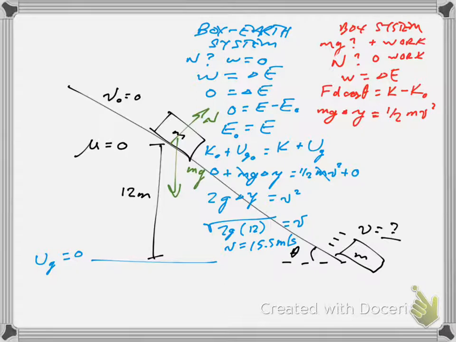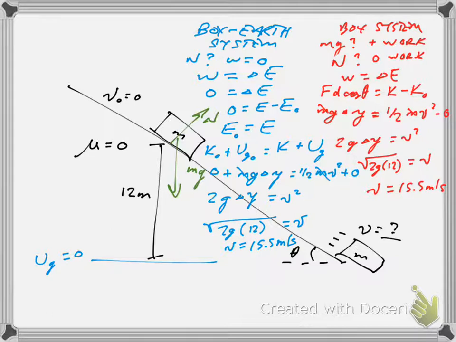And so I'm looking for the change in vertical position, or y, which in this case was 12, just like before. And so mg times 12 equals 1/2 mv squared minus 0. Substituting and solving, I get a speed of 15.5 meters per second, just like in the previous example, and just like with the box Earth system.